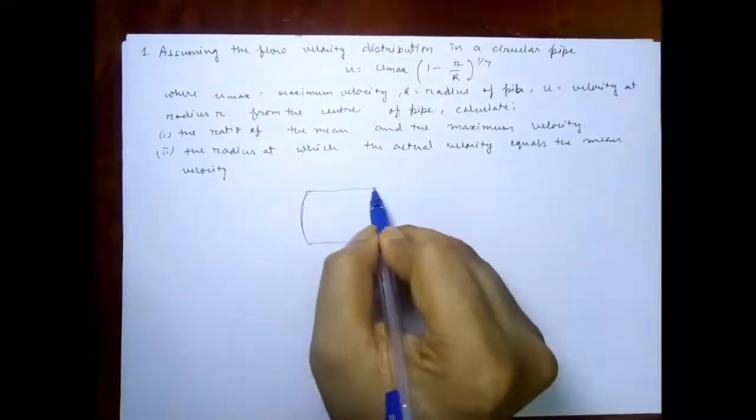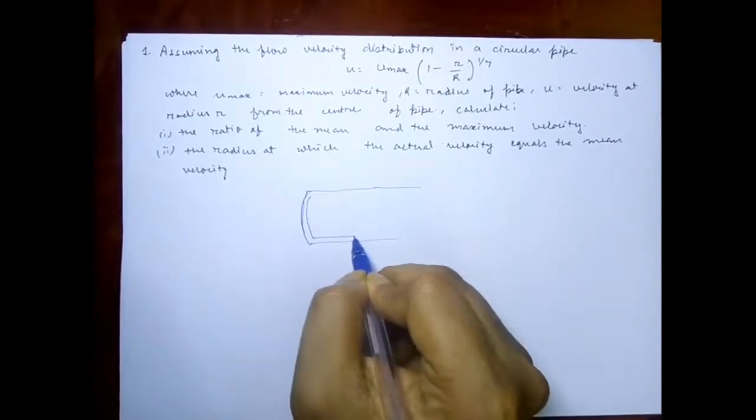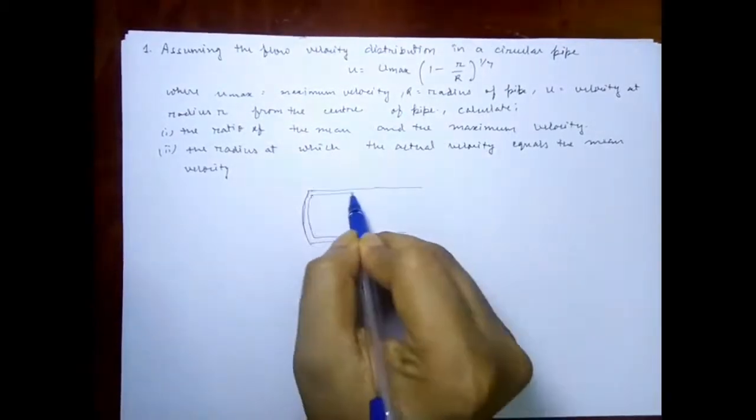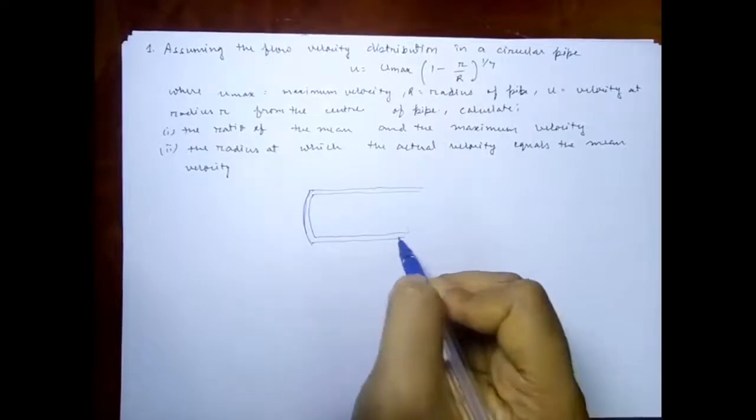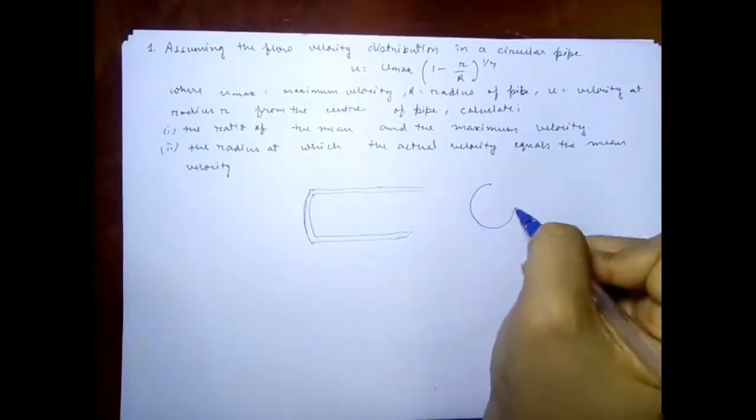This is our pipe, and this is our inner diameter, suppose, or the inner surface, and this is the cross section.